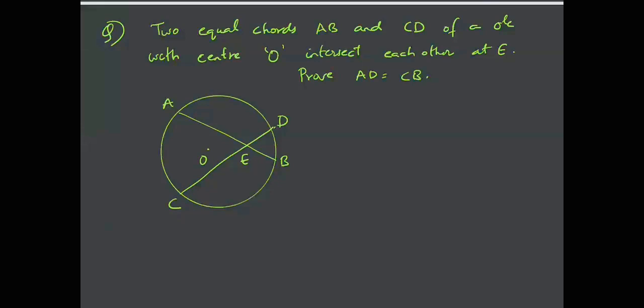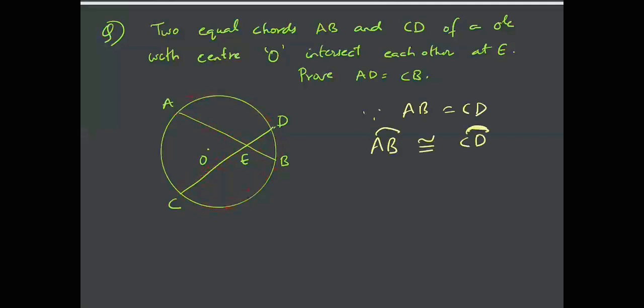Yes, so let us discuss this one. I think you can prove it in many ways, but let us see the easier way. AB is equal to CD, right? The chord lengths are equal. So this implies that this arc and this arc are congruent. Since AB is equal to CD, I can say that arc AB is congruent to arc CD.